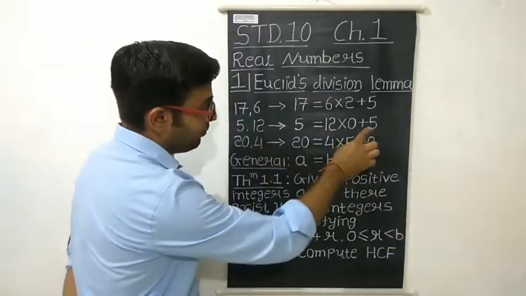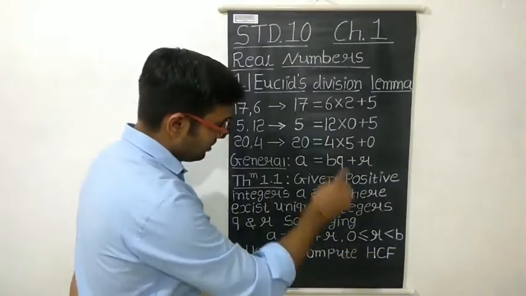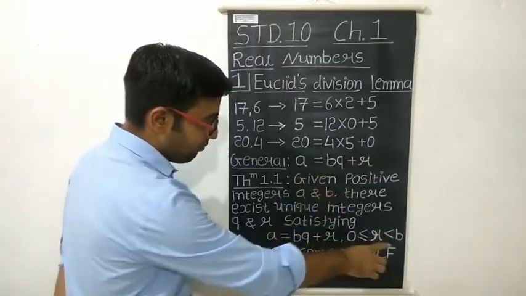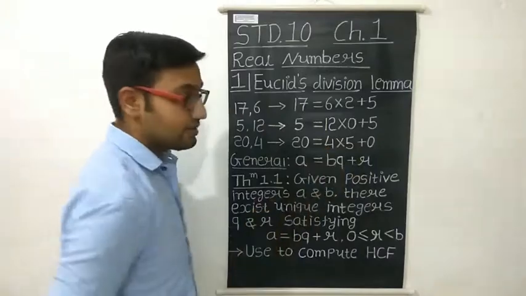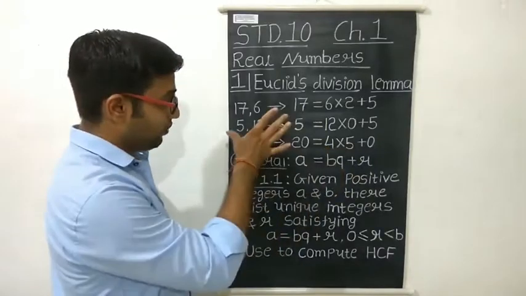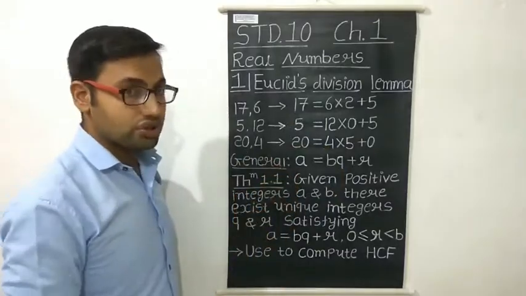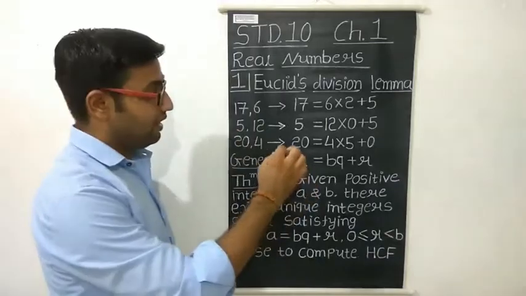Again, 5 is less than 12. Third, the remainder is 0 and b is 4. Again, 0 is less than 4. If you take other examples, you can also check by yourself that this condition must be satisfied.